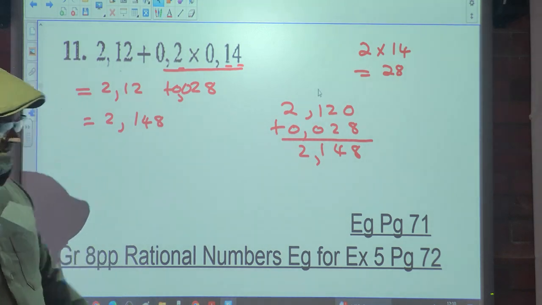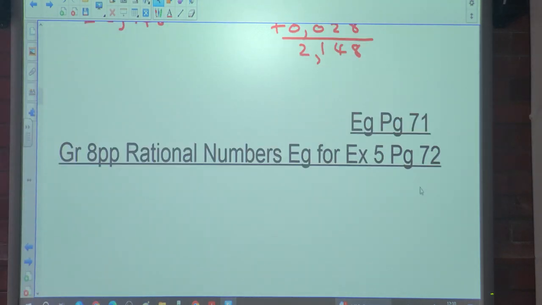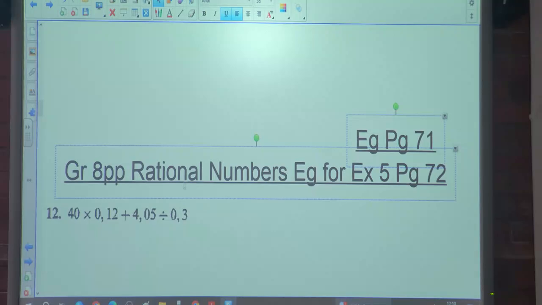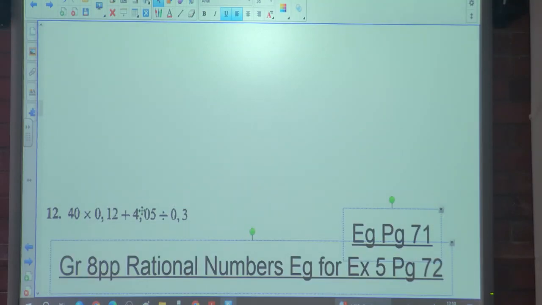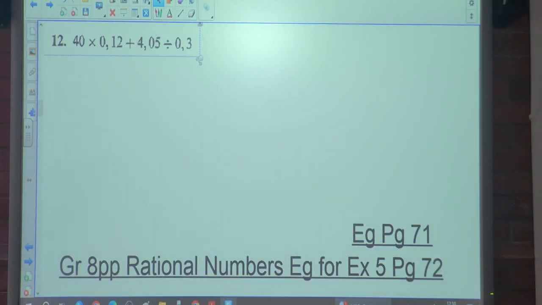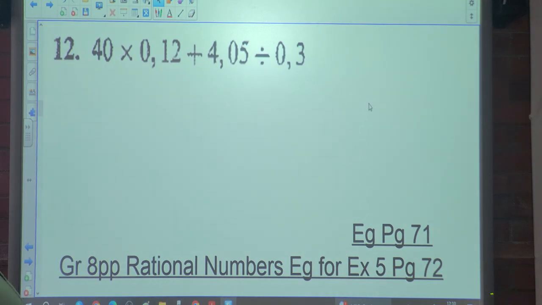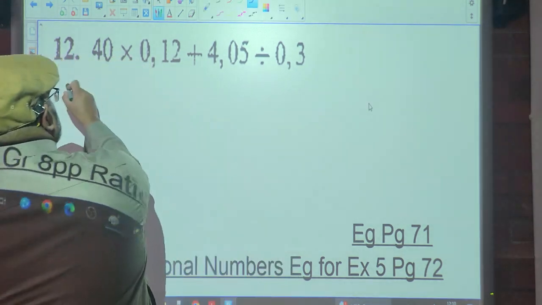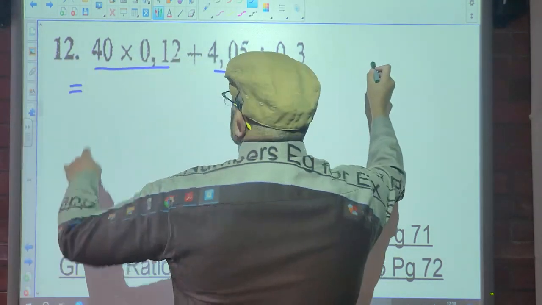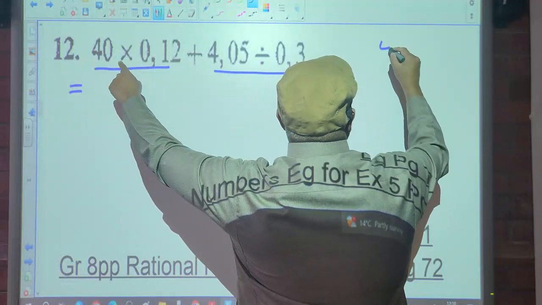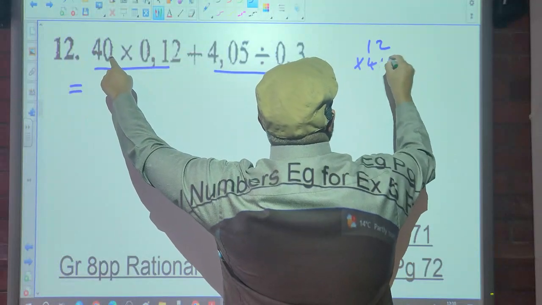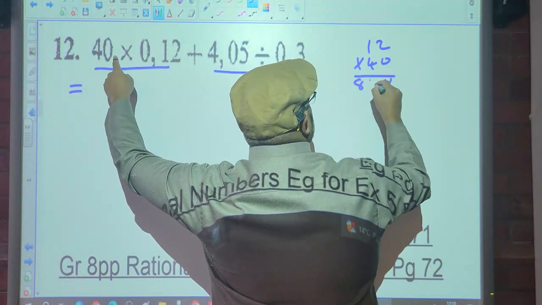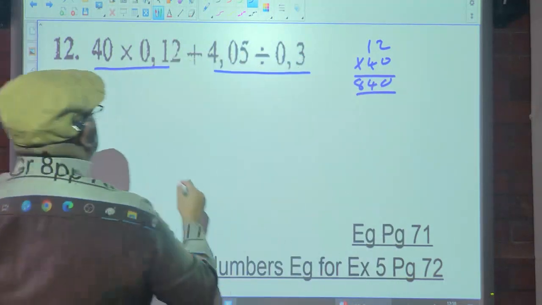Okay. Look at number 12. Okay, so let's look at the first part. So we got 0,4 multiplied by 0,12, so it's going to be 48. Not so.